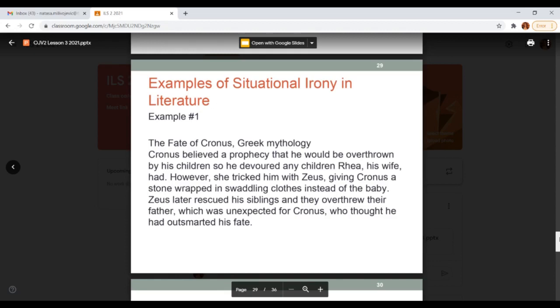However, his wife tricked him with Zeus, giving Cronus a stone wrapped in swaddling clothes instead of the baby, and he believed that to actually be his dead son. But then Zeus later recruited his siblings, and they overthrew their father, which was unexpected for Cronus himself, because he thought that he had outsmarted his fate and was actually wrong about it, because his son did take his place in the end.